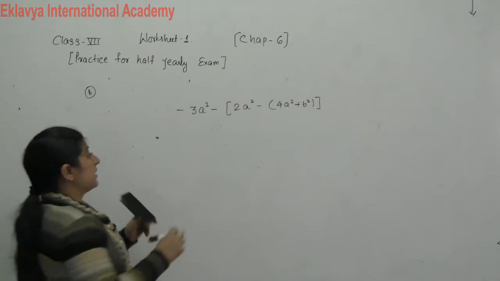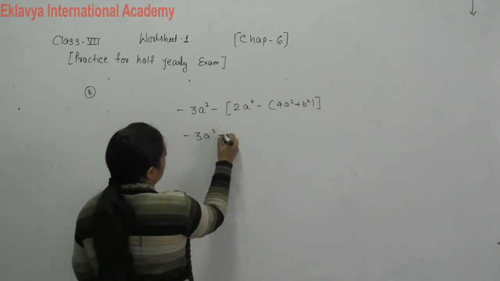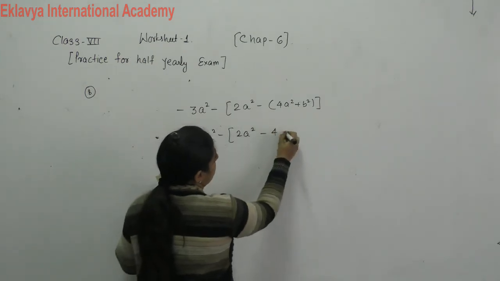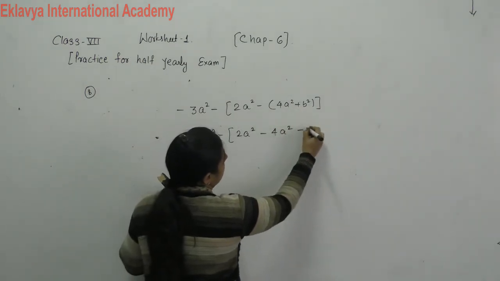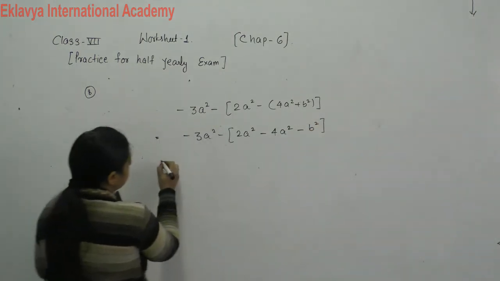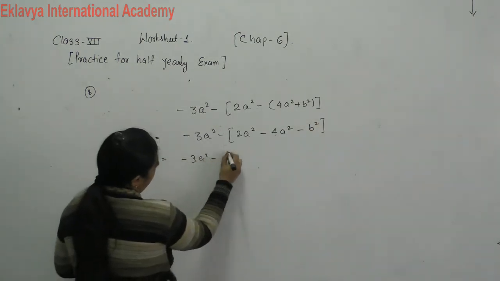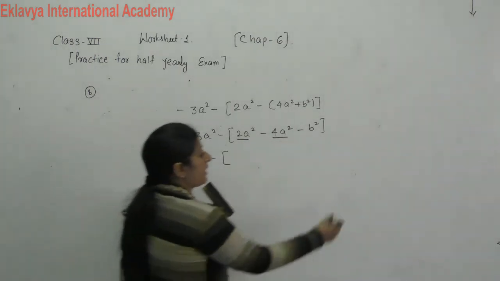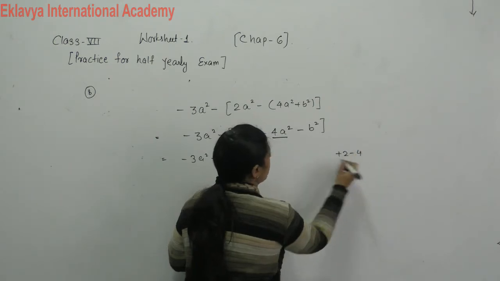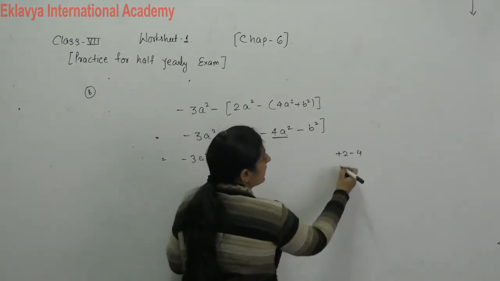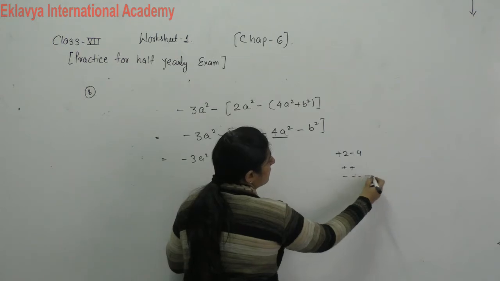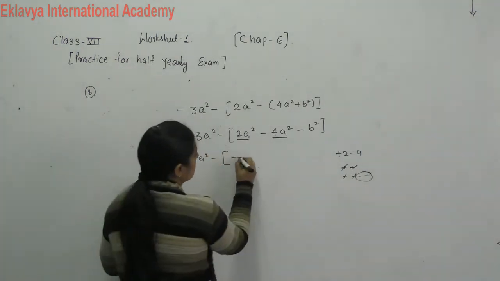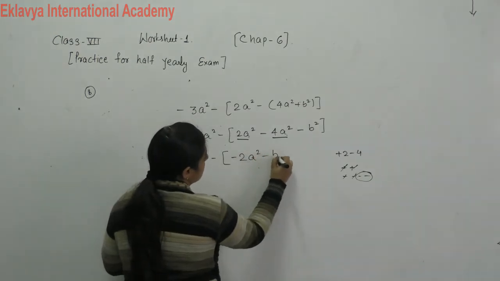Simplify it. Firstly solve the inner bracket: minus 4a square minus plus minus b square. 2a square minus 4a square are like terms, so we can solve them. Plus 2 minus 4 gives minus 2, so remaining is minus 2a square minus b square.